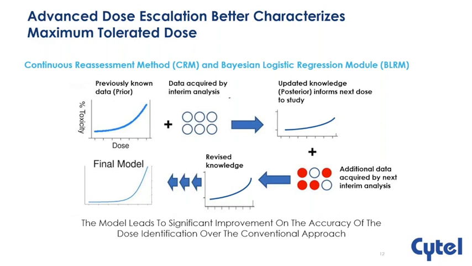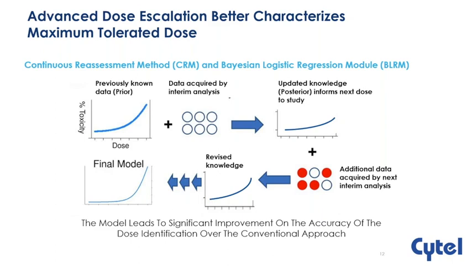How is it used? It uses Bayesian principles. This is just a rough illustration. You start with a prior belief of what the dose response may be. You're collecting some data. Let's say at the beginning you're not seeing any toxicity, so you're slightly adjusting your dose response. And then, at the later stages, you may start seeing some, like all these red dots. You'll be seeing more and more toxicities.